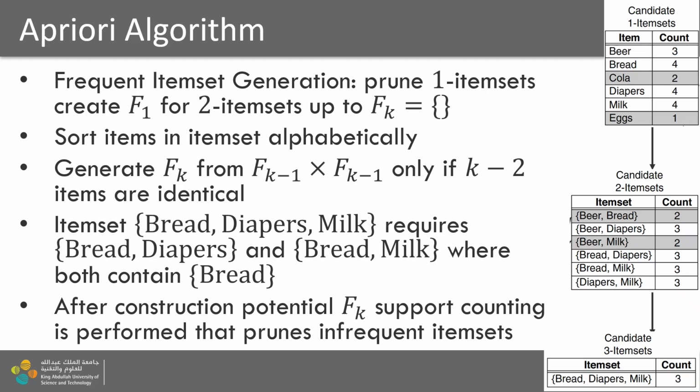We can see this in the following representation here on our transaction record example. Here we have the one item sets, and we would say that our frequency threshold must be 3, meaning that we want only those item sets which occur 3 times in the entire transaction record.